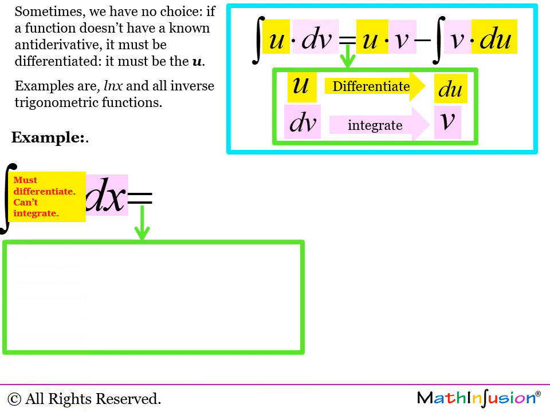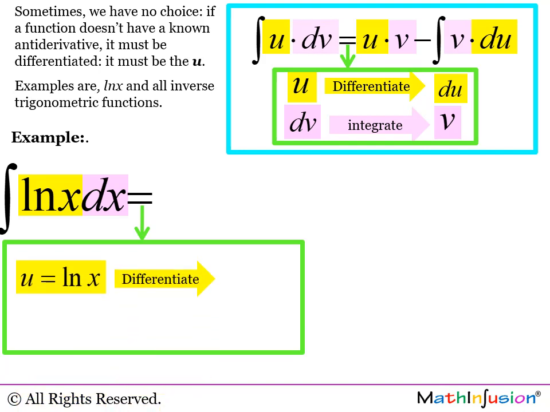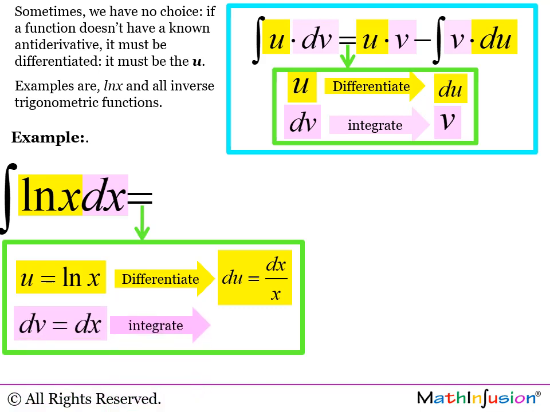So the u is this, and we are getting that du equals dx over x. We don't have another choice but to take dv to be dx. Okay, that's easy. It means that v equals x.